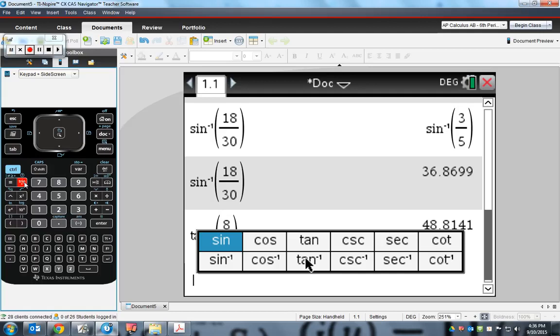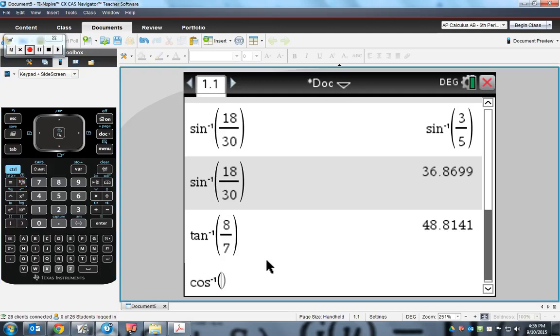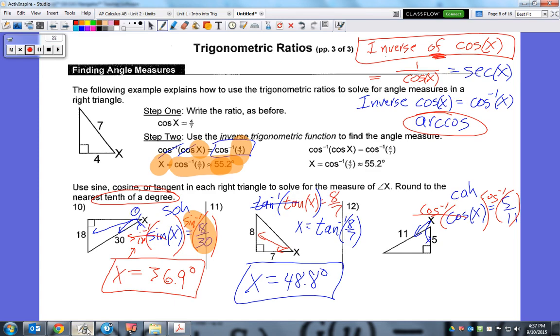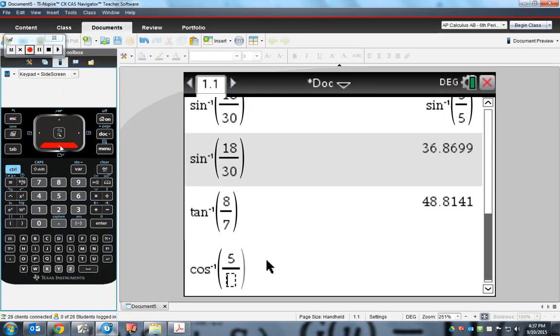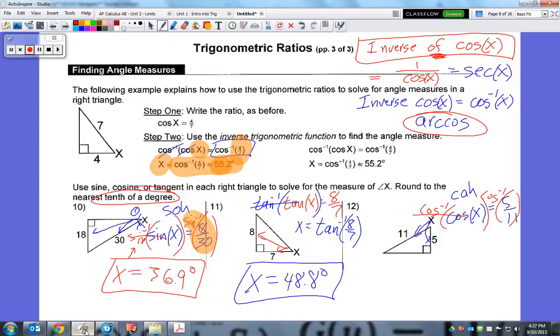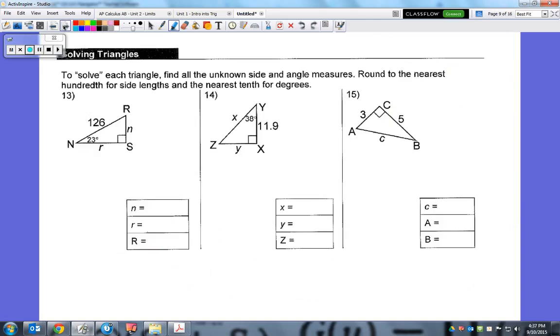So again, the trig button, the arc cosine, Control Divide, 5/11. Control Enter, because I want that decimal, and it's 62.9, rounded up would be 63.0. So x is equal to 63.0 degrees, because we have to be specific as far as what mode we were given an answer in. Let's go.